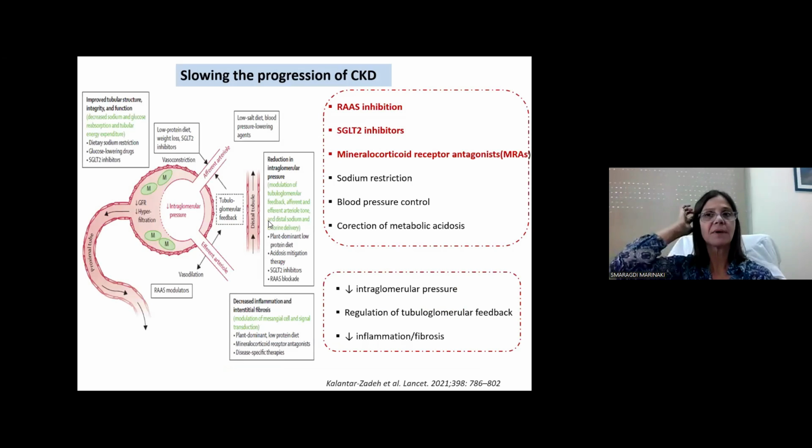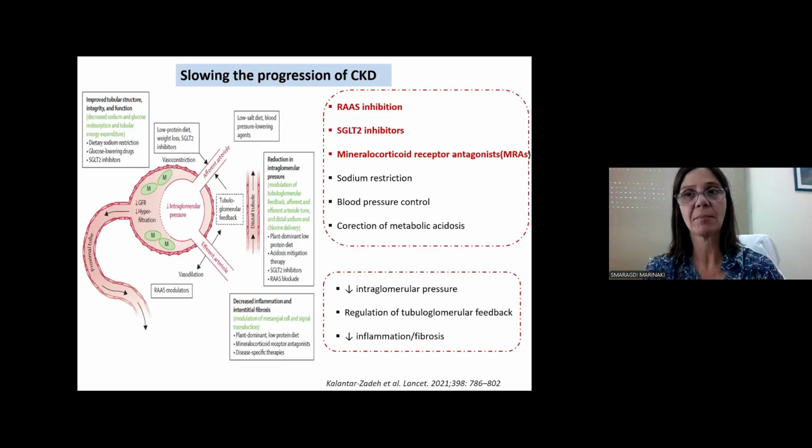Of course, it is imperative to slow this progression of CKD, and there are many interventions nowadays that we can apply. At first, we have all the lifestyle modifications, such as weight loss, smoking cessation, sodium restriction, plant-based low-protein diets, and exercise. We have to insist that our patients apply all these measures because they work.